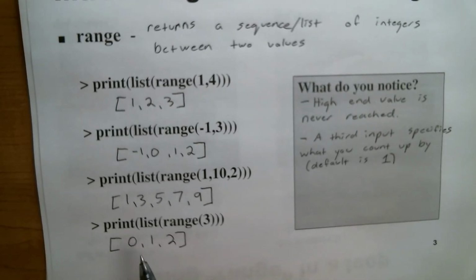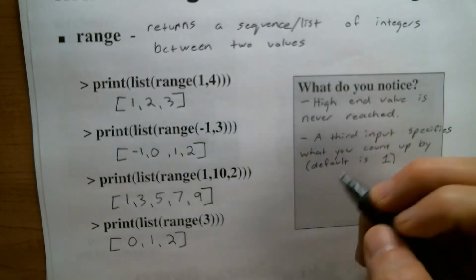Now, on this last one here, we can see that if you only provide one input, it treats that as the upper limit, and then it automatically starts at 0.